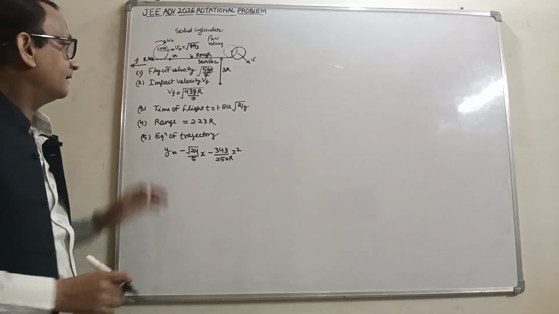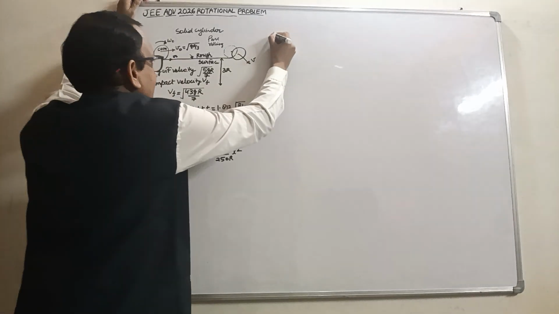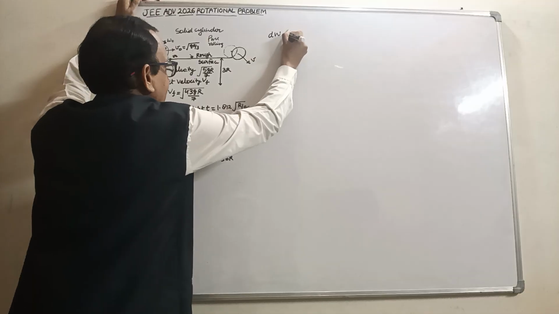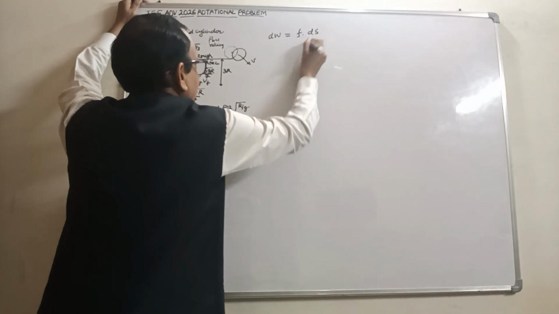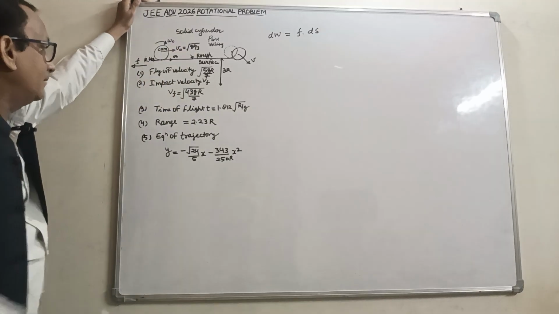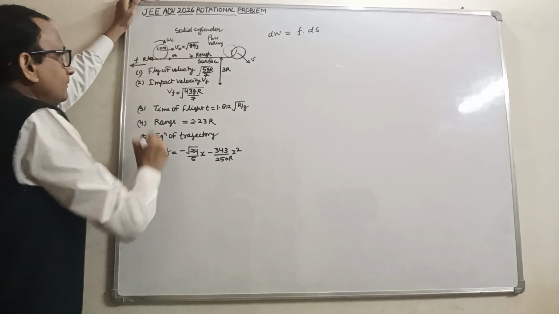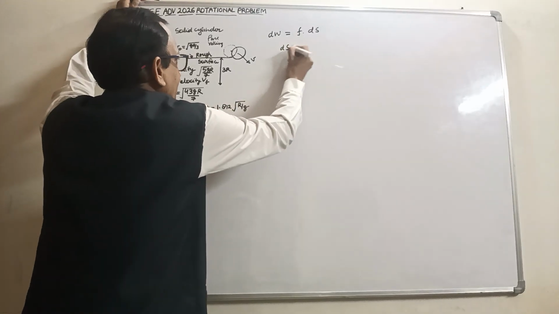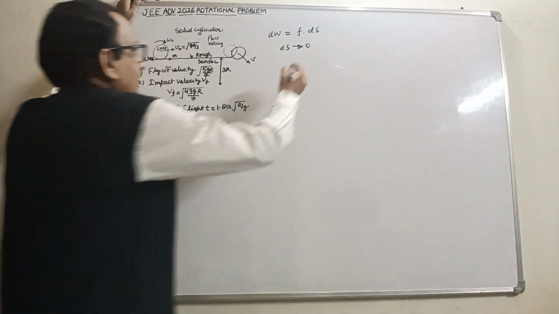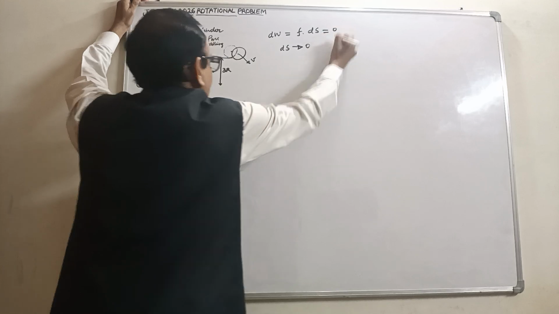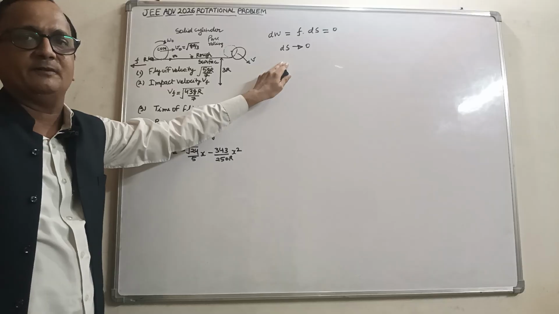So we see here the work done by the friction is friction times displacement. This is the small displacement. The displacement of this instantaneous point tends to zero. So the work done by the friction force would be zero, because this friction is static friction, not dynamic.